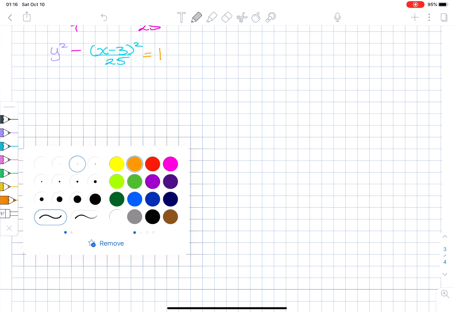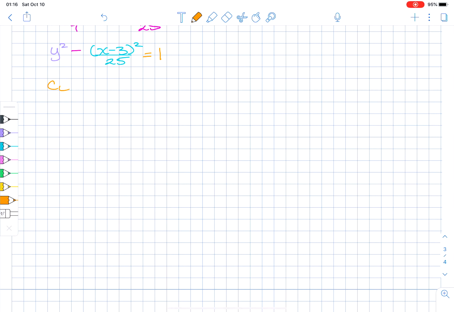Okay, so the center, and we have to be careful again. In fact, let me color code it so that you see where I'm getting it. The center is at 3, 0. It's always x first, y second. So be very careful there. I claim that A is 5 and B is 1 because really there's a 1 underneath there, and 1 squared is 1. So C is going to be the square root of 5 squared plus 1 squared, namely root 26.